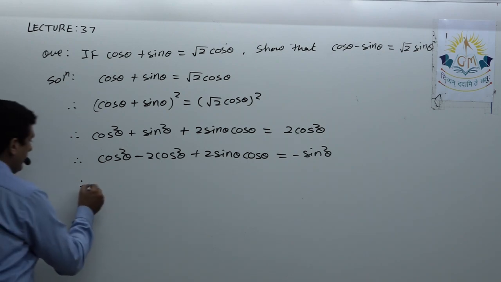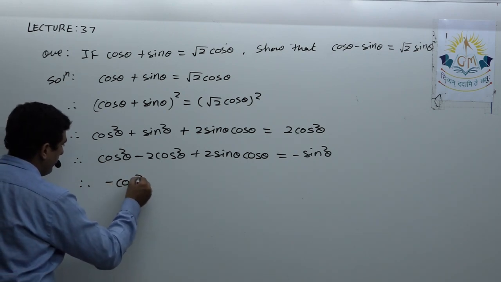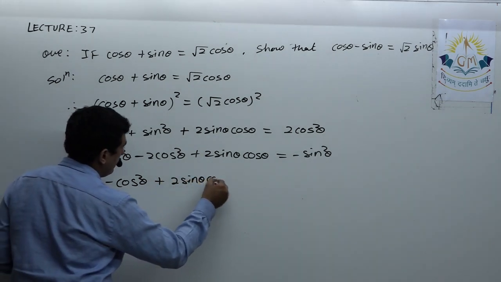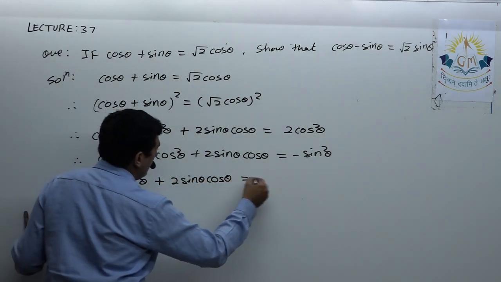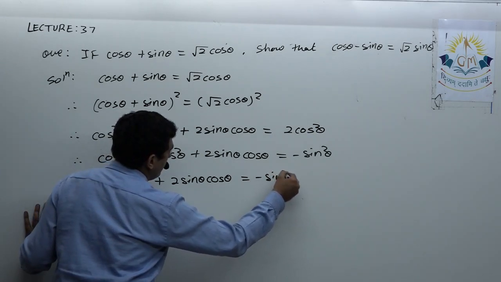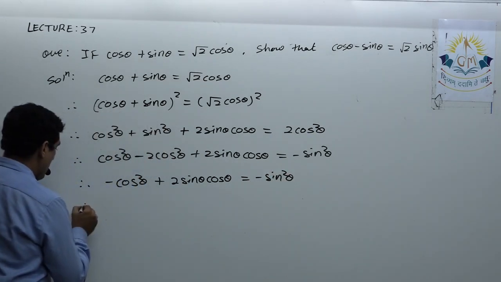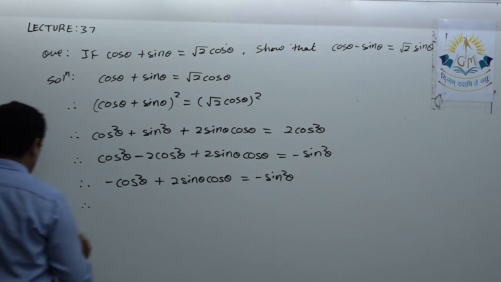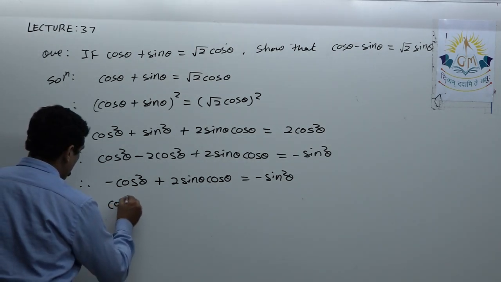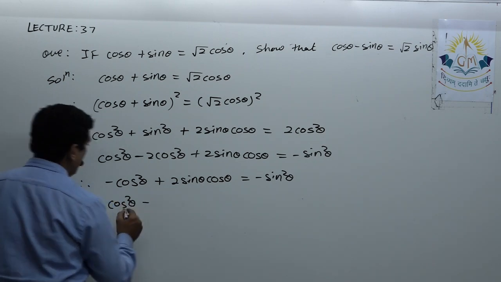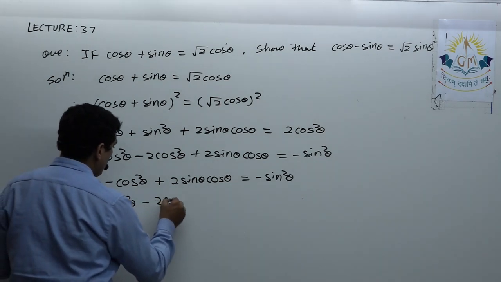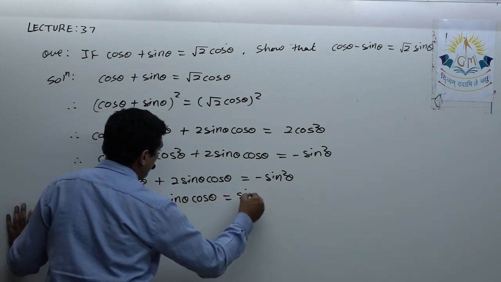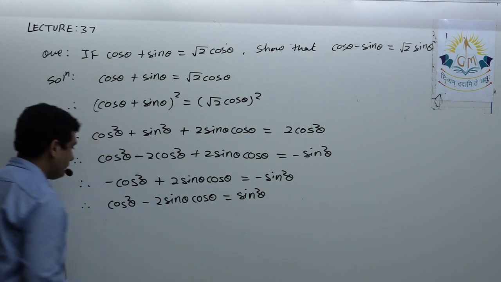So here it will become minus cos square theta plus 2 sin theta cos theta is equal to minus sin square theta. Now if I multiply both sides by minus, this will become cos square theta minus 2 sin theta cos theta is equal to sin square theta.